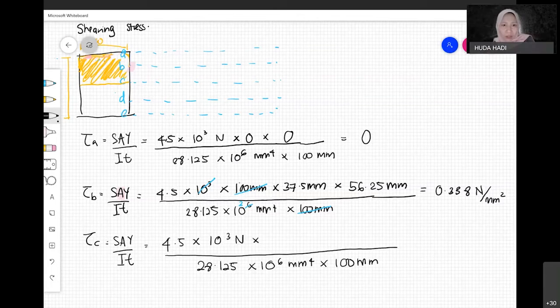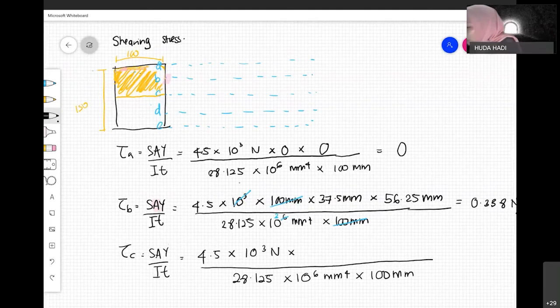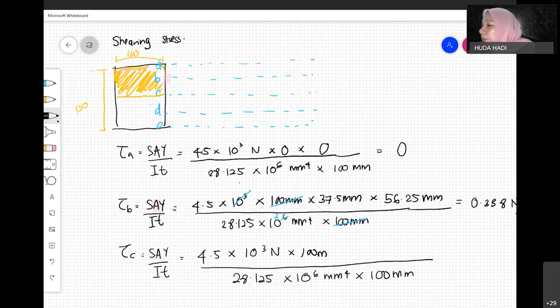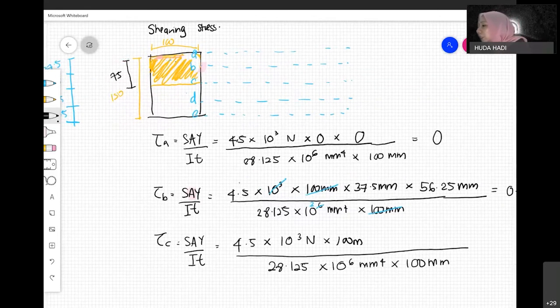Okay. So berapa area above C? 75. Okay. Darab dengan 100, jangan lupa 100, sebab nama dia area. Okay. So area ni 100 darab dengan 150 bagi 2 lah, sini 75. So area above C.